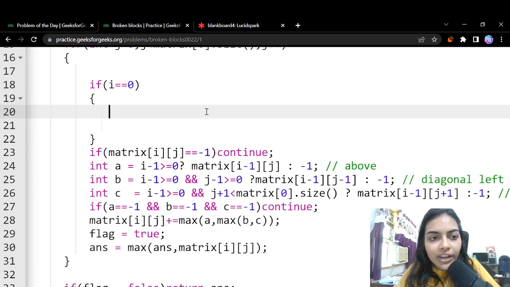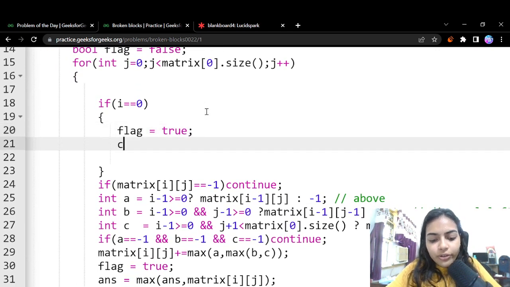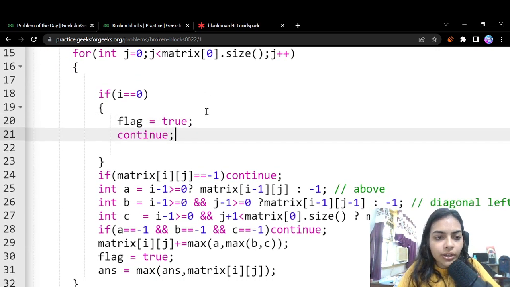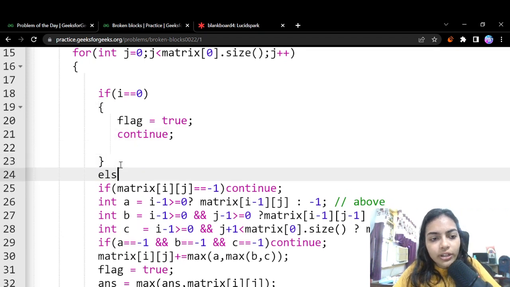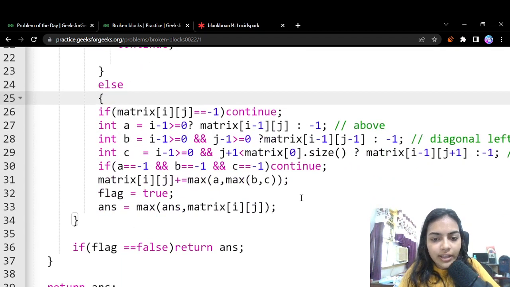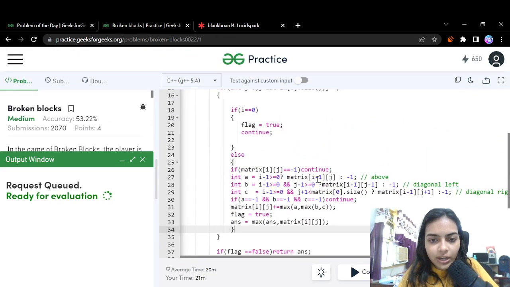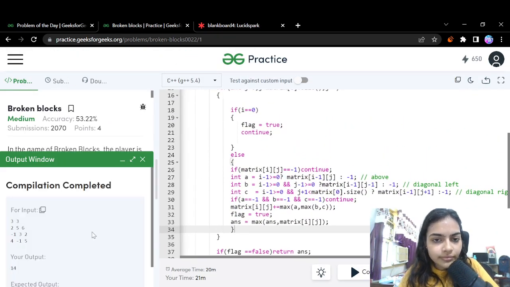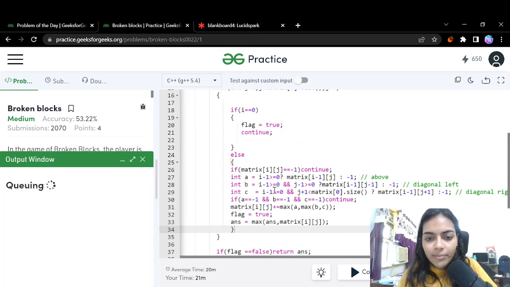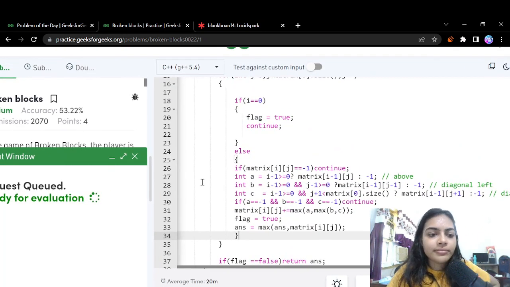So for the very first case, you need not do anything. You can just make flag equal to true, and you can just give continue. If you are not on the first row, then only you need to do all these things. That is the only thing that we need to consider. Now let's run and see if it's working. It's working. Let's submit and see if it's working for all the test cases.